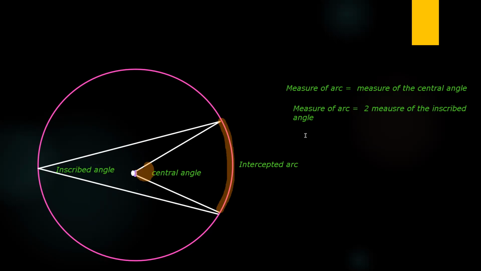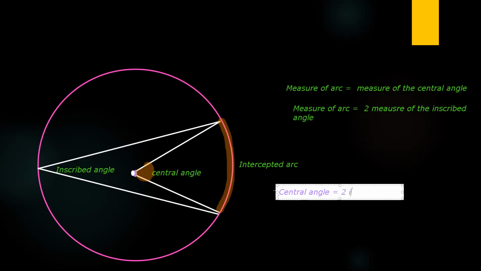Since the measure of the arc equals the central angle, and the measure of the arc is double the inscribed angle, what can we conclude? We can say that the central angle is double the inscribed angle.